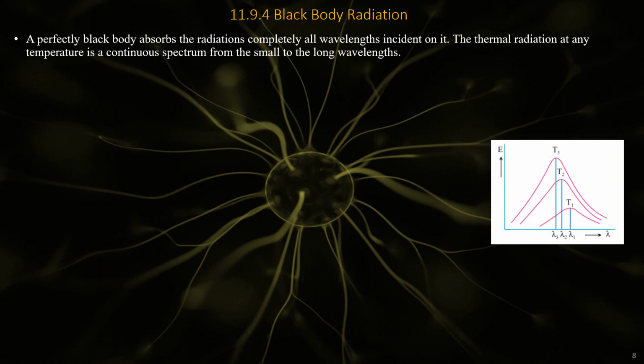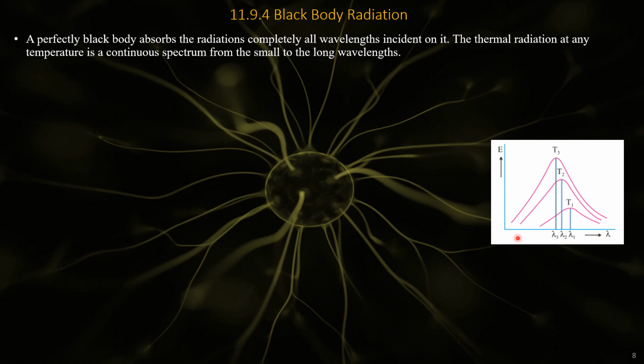To understand the nature of black body radiation, we conduct a small experiment wherein we heat a body at a constant temperature, say T1, as shown in the curve on the right hand side of the screen. We keep the temperature constant at T1 and vary the wavelength. The wavelength is plotted on the x-axis and energy is measured.